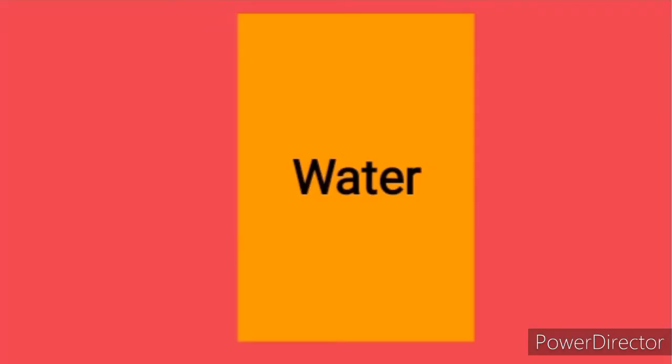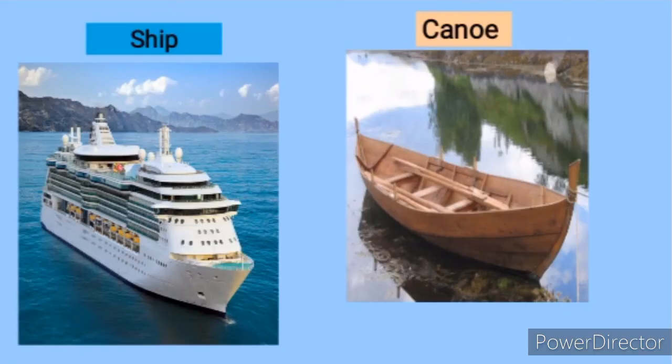Now let's look at the new ways of moving people and goods from one place to the other on water. Now we have ships and canoes. They move on water. They can transport goods and people from one country to the other across the oceans and the seas.